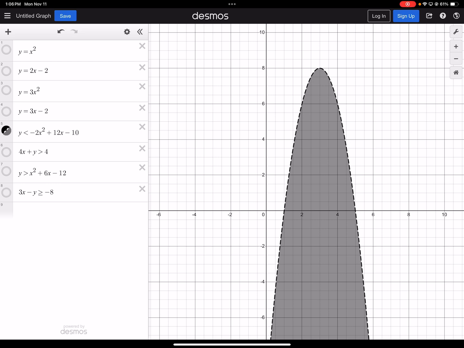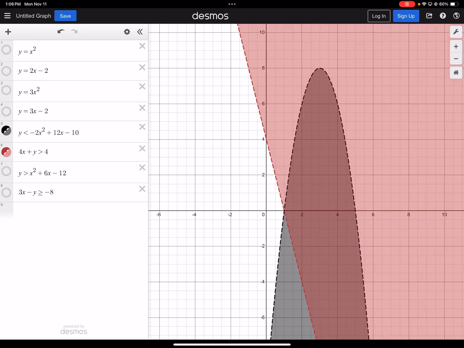So y is less than that is there, so there's our first one. There's our second one. Now the area that's been double shaded, which is this area here, you can see where it's double shaded as easily as I can. All of your solutions for that system are within that region.